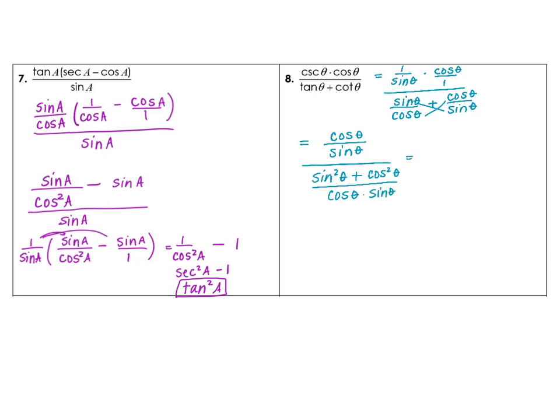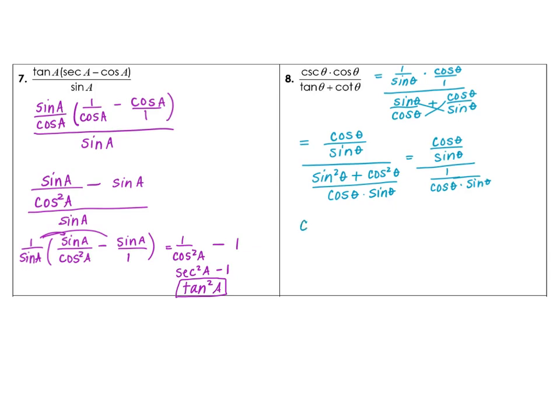All right, so let's see what that gives us. In the numerator, that's not changing a whole lot just yet. In the denominator, though, that's going to be 1 over cosine theta times sine theta. And now we can go through and divide those fractions.